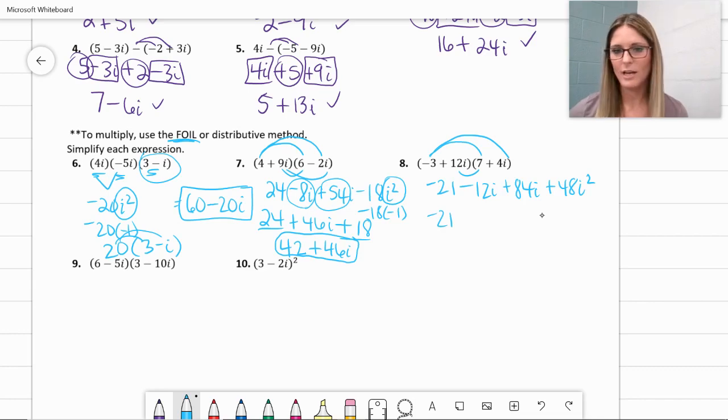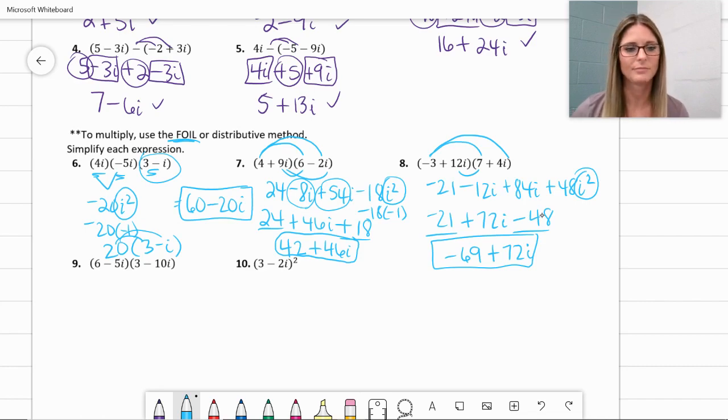We've got negative 12i plus 84i gives me 72i, plus, i squared is a negative 1, so let me go ahead and change that to negative 48. Combine my like terms. Negative 21 minus 48 is going to be negative 69, plus your imaginary. Real, then imaginary. Negative 69 plus 72i.